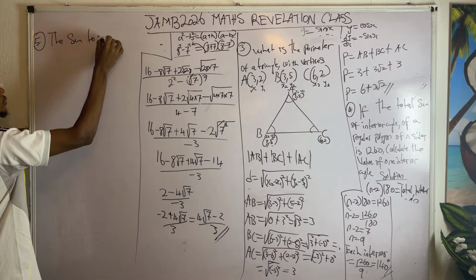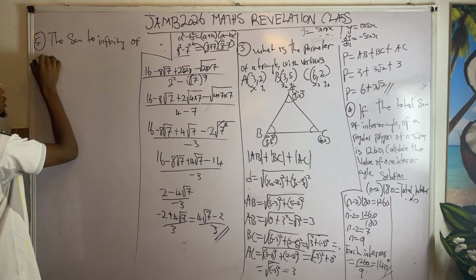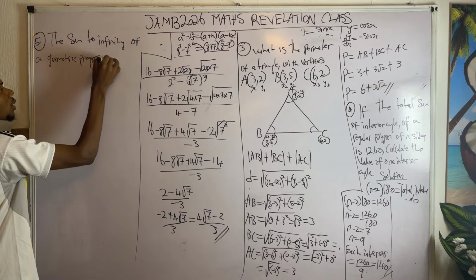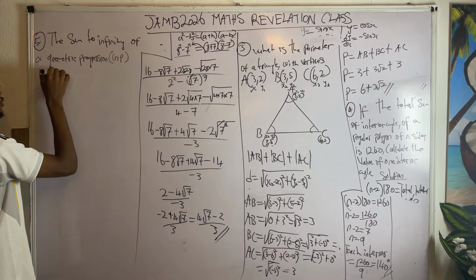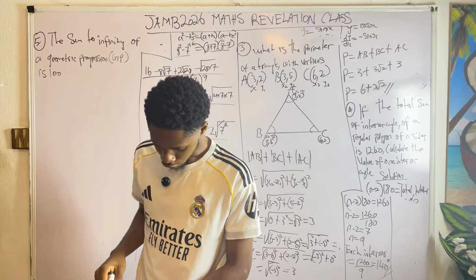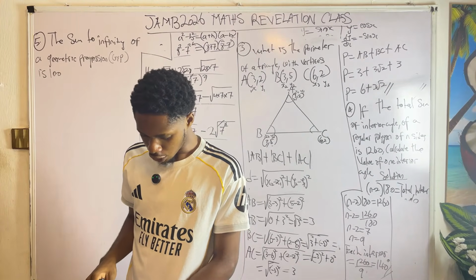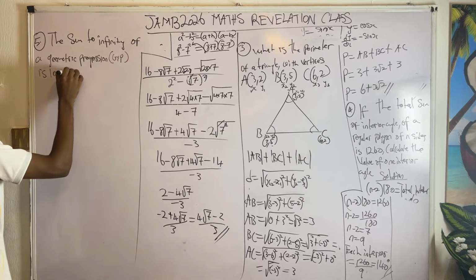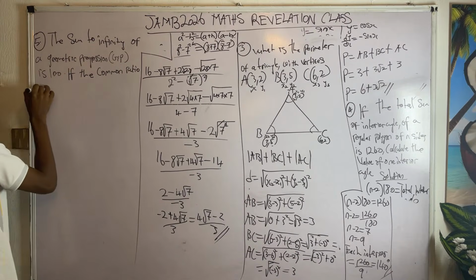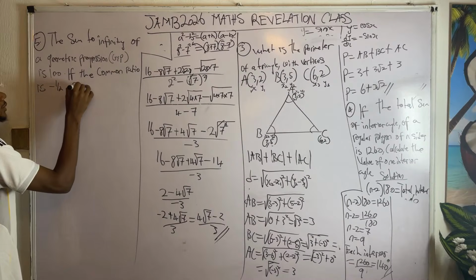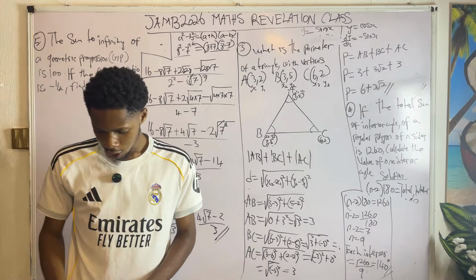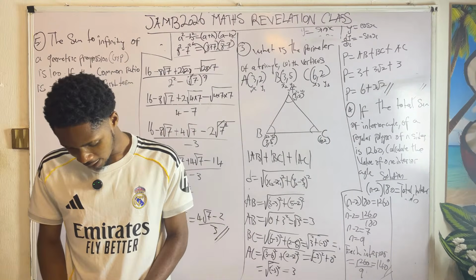If the common ratio is minus 1 over 2, find the first term.